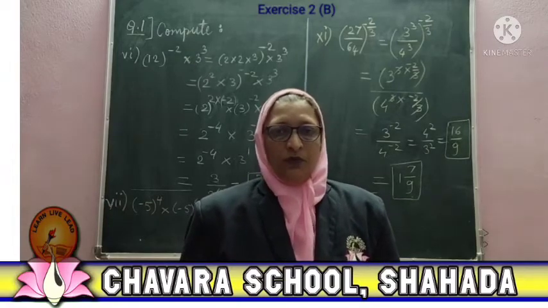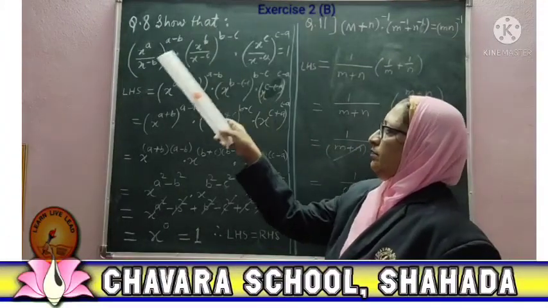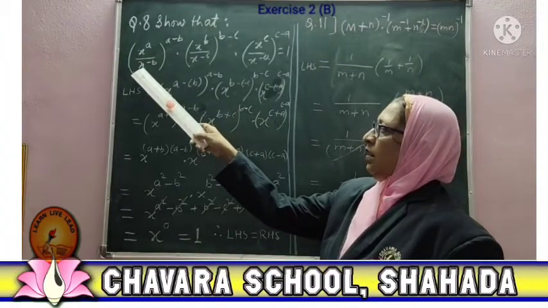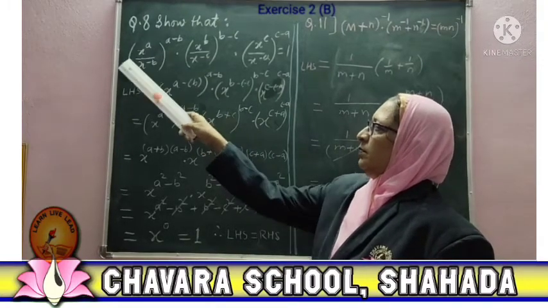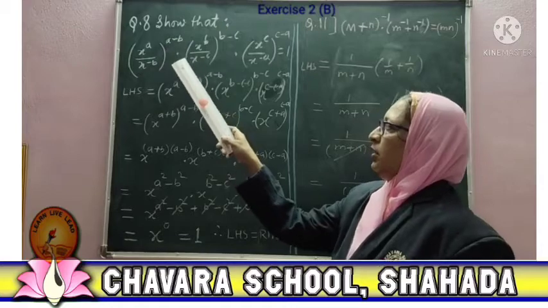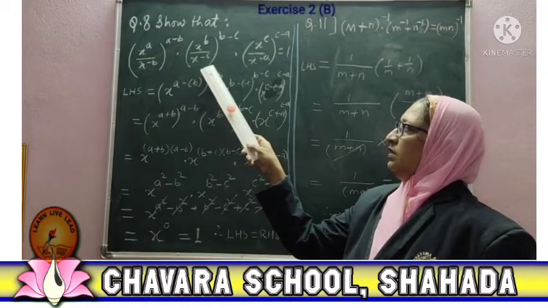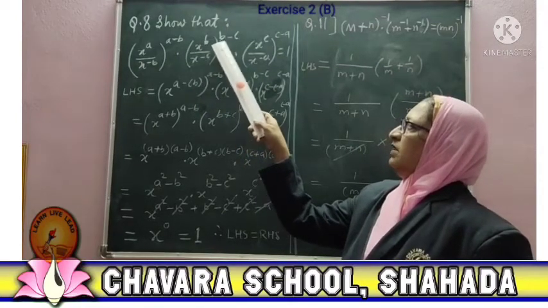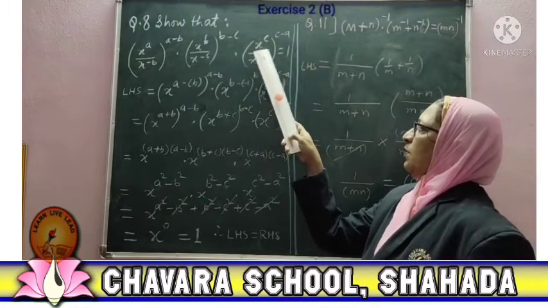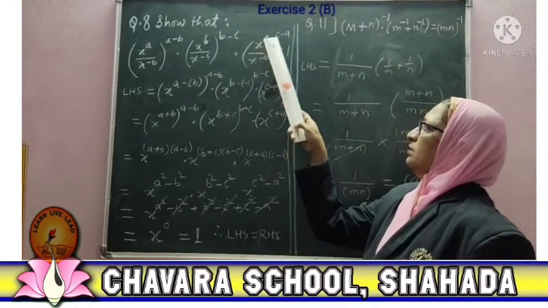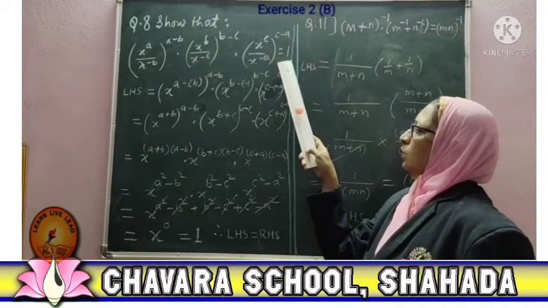Here we go with the next question. Question A. Show that x to the power a upon x to the power minus b, the bracket power a minus b, into x to the power b upon x to the power negative c, to the power b minus c, into x to the power c upon x to the power minus a, whole bracket power c minus a, equal to 1.